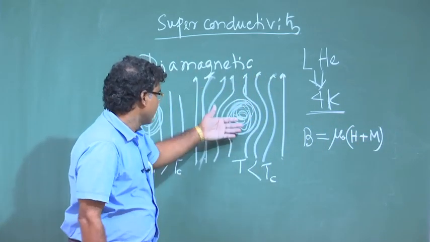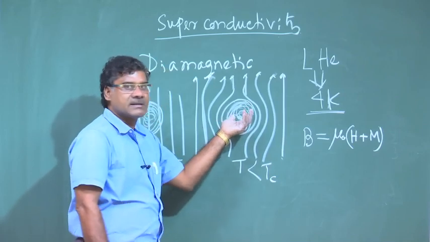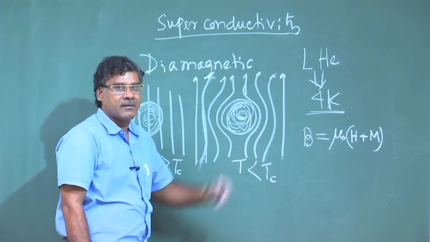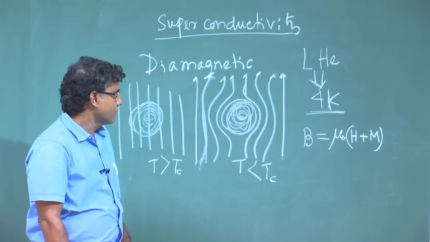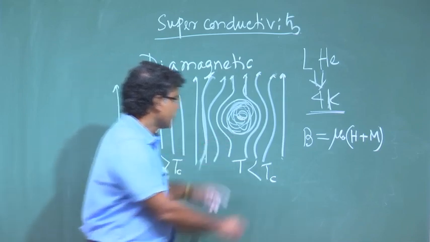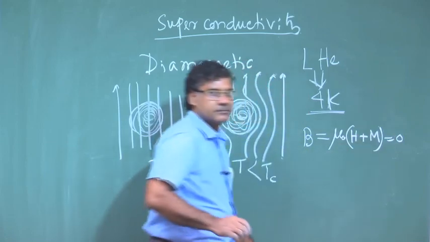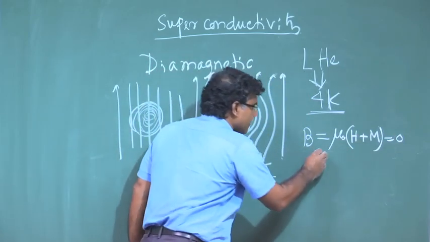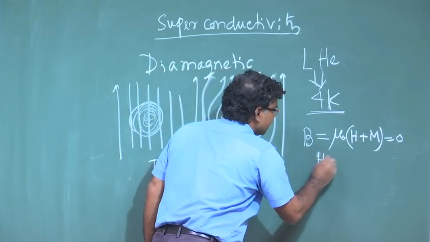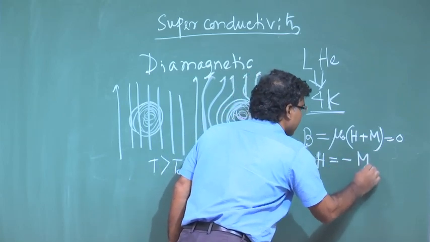Now, here the applied field is 0, and inside the material what is the flux density? That is 0. So, B is equal to 0, and obviously H equals minus m.